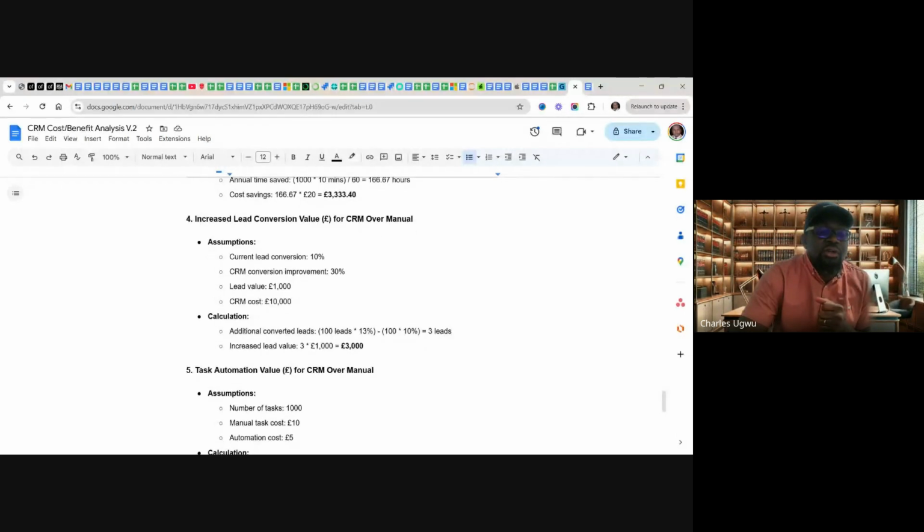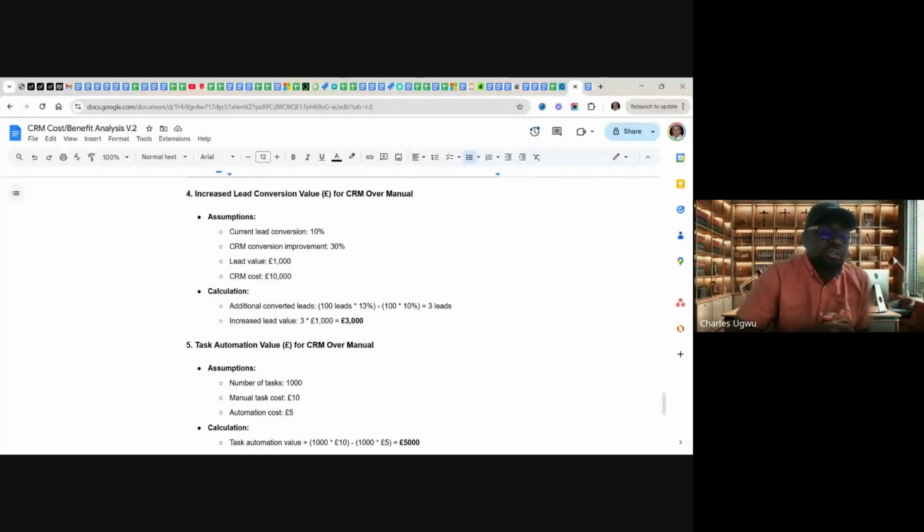Increased lead conversion rate over manual. We have the assumption here: current lead conversion is 10% and improved conversion is 30%. Then the lead value being 1,000 and CRM cost being 10,000 pounds.